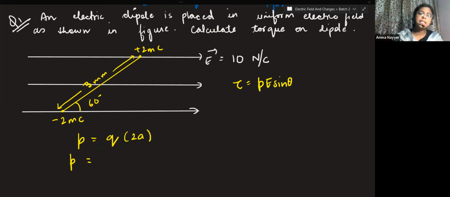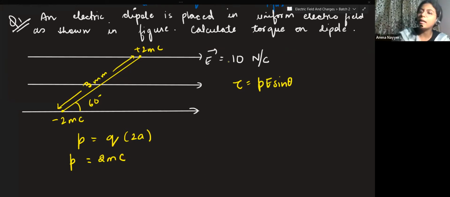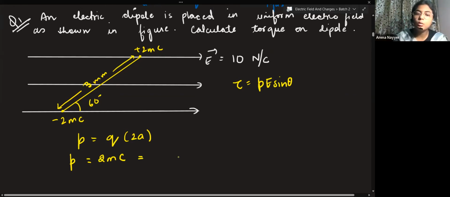See, the charge is 2 millicoulombs. The charge is given to you as 2 millicoulombs. And you don't take minus and plus when you are considering the dipole. Just take one of the charges' magnitude. 2 millicoulomb, take it as 2 millicoulomb. And don't ignore this milli. You have to convert it into SI unit, 10 to the power minus 3 coulomb. This is your charge.